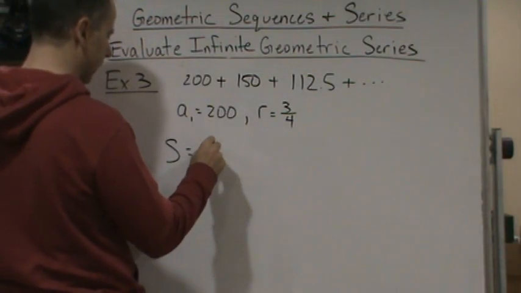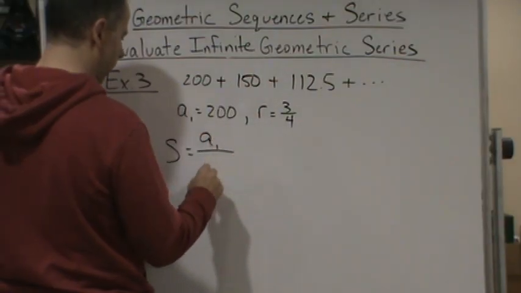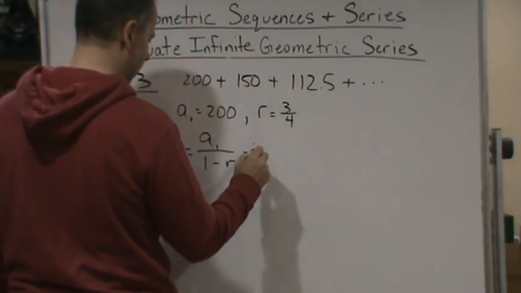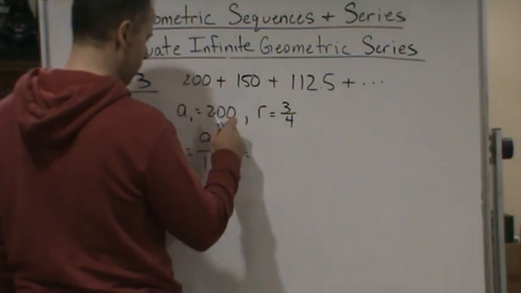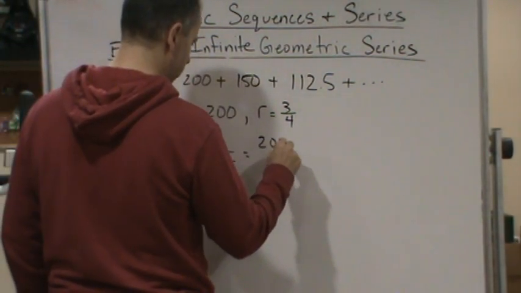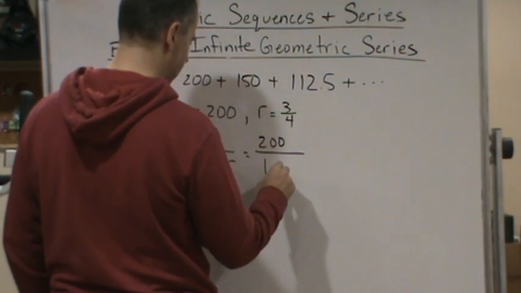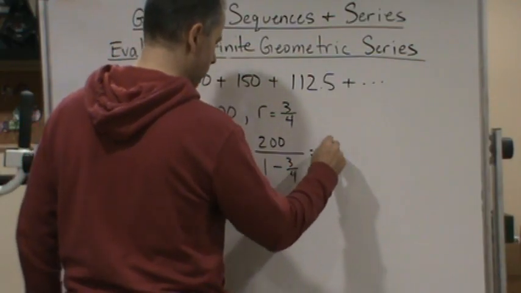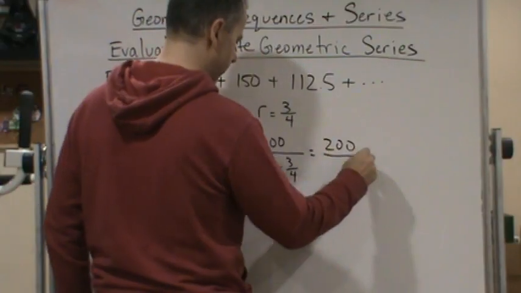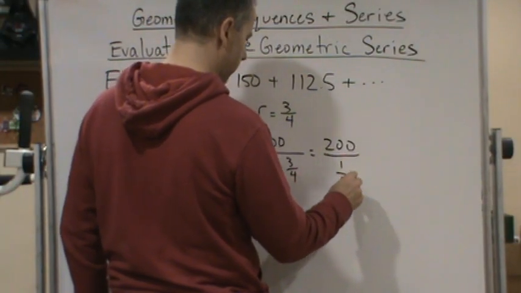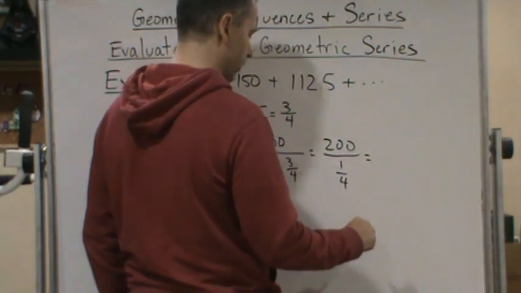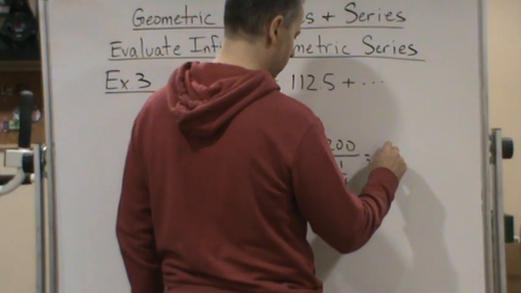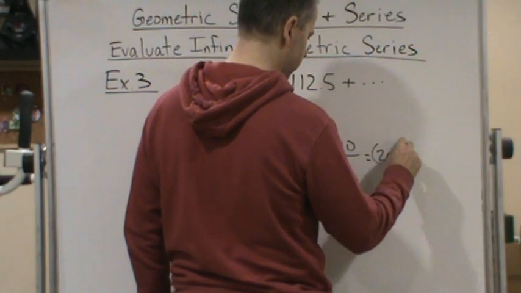So S equals a sub 1 over 1 minus r. And so now a sub 1 is 200. So we take 200 divided by 1 minus 3/4, which is going to be 200 divided by 1/4, which equals what? That's going to be 200 times 4.